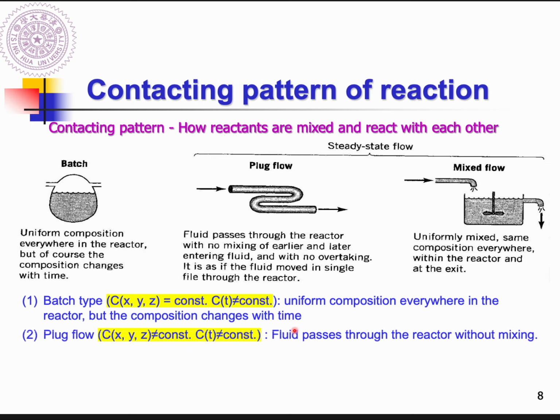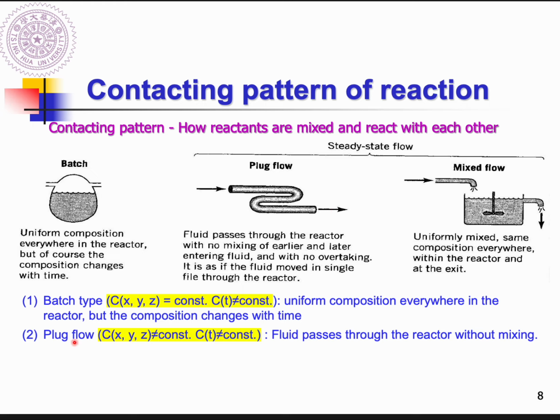And the second one we call plug flow. Plug flow means that we have a tube here, we put the reactants inside, and these reactants will flow and react in the meantime, and from this end we will get some products.